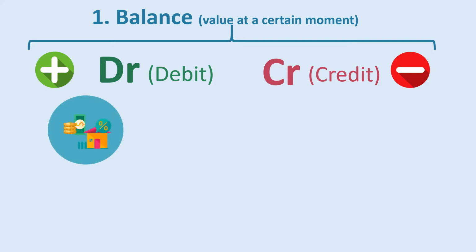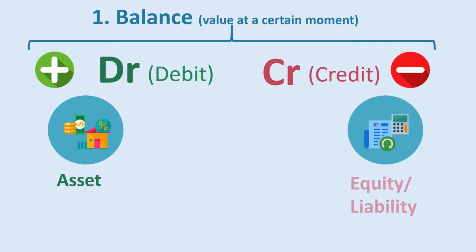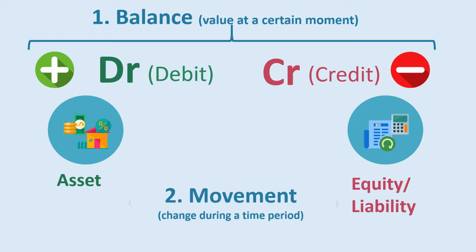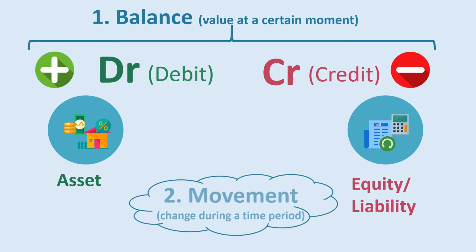Debits are used to express the positive values of assets, while credits are primarily associated with the negative values of equity and liabilities. Secondly, in addition to that, the terms debits and credits are also used to reflect the movement in assets, liabilities and equity. And movement means change during a period of time.